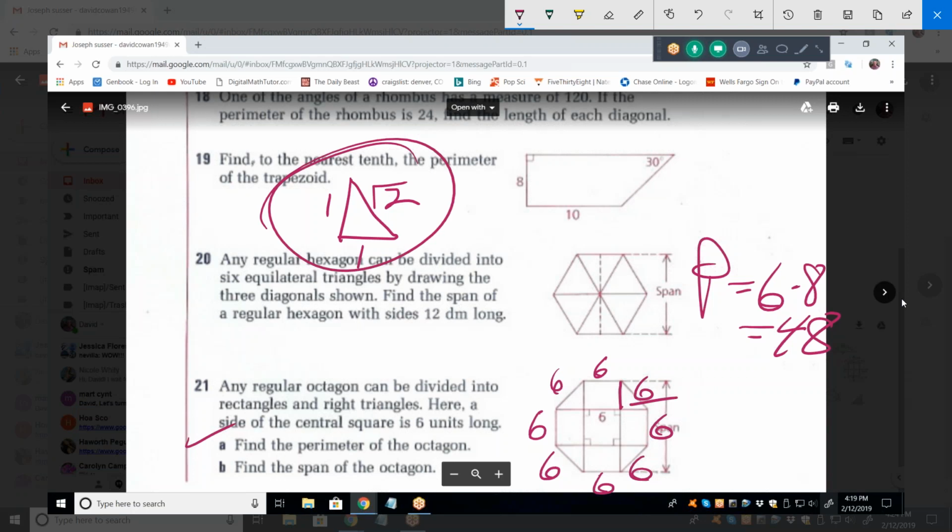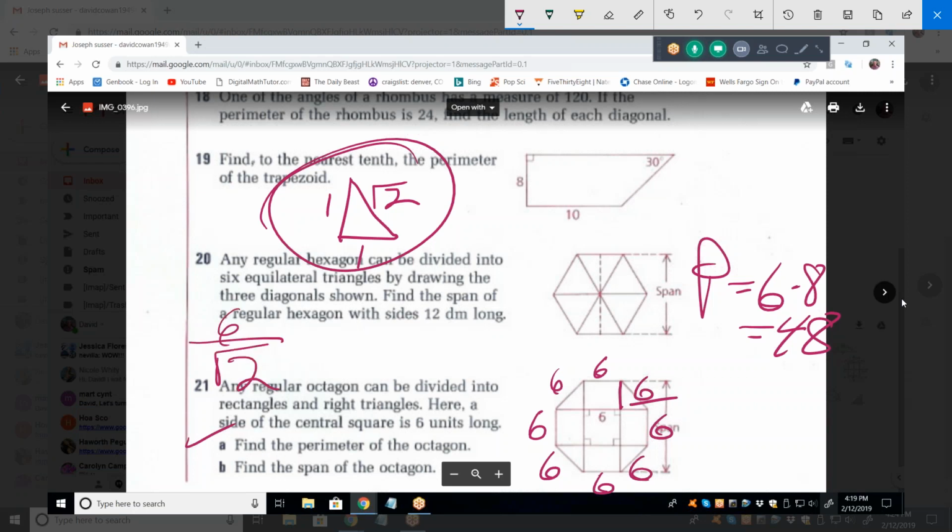What's the similarity ratio? 1 to root 2. No. Use the two corresponding sides that you know of. This one's root 2, this one's 6. Go big to little. 6 to root 2. That's the similarity ratio.